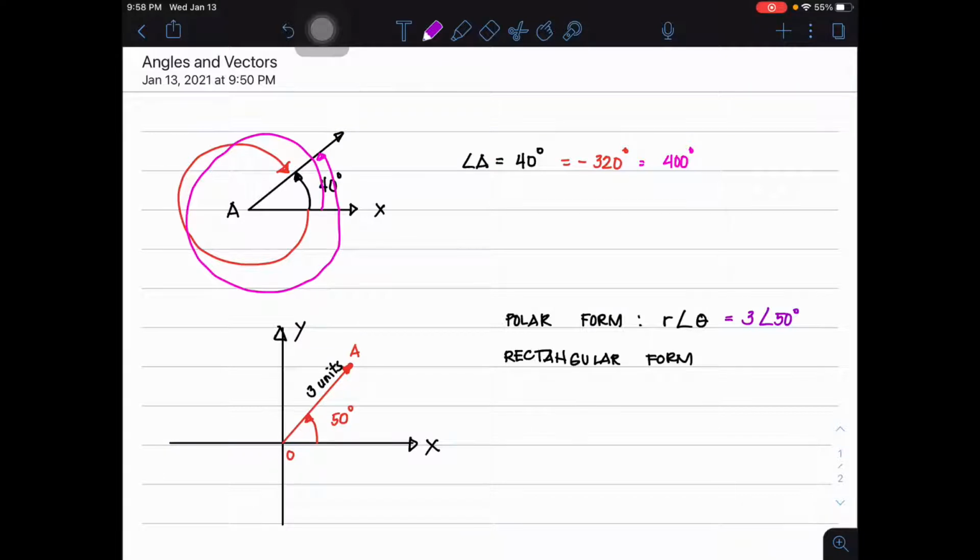Now, we could also express that 3 units at a direction with an angle of 50 degrees in rectangular form. So how are we going to do it?